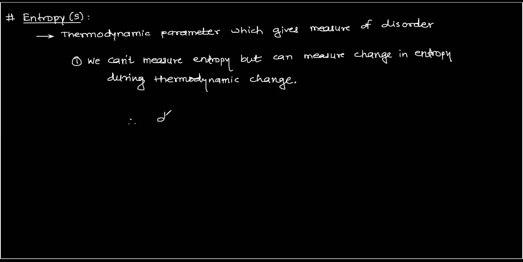So here dS is the change in entropy. It is equal to dQ by capital T. This is what change in entropy is.